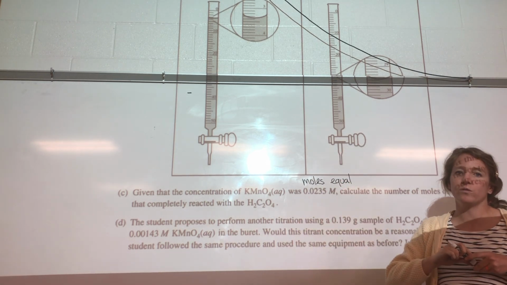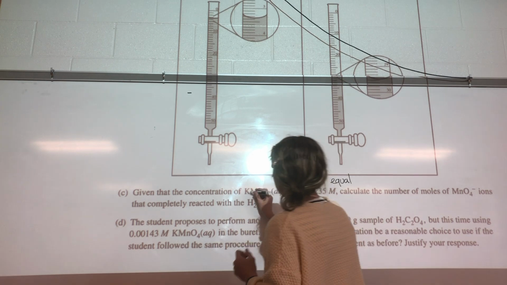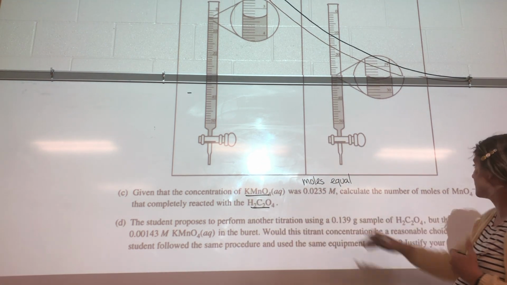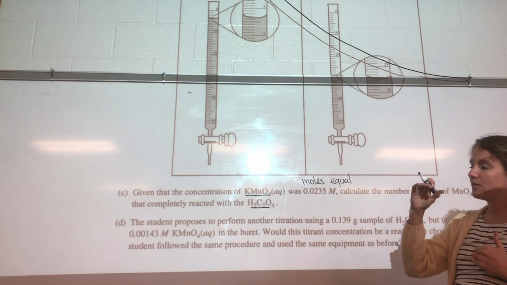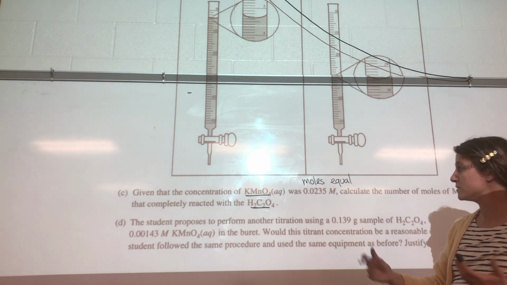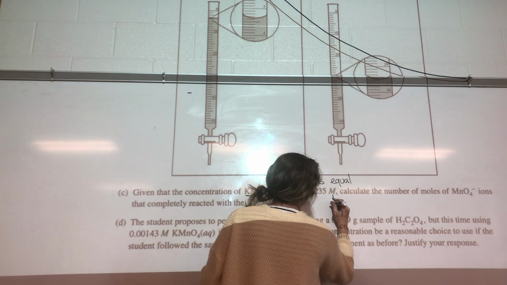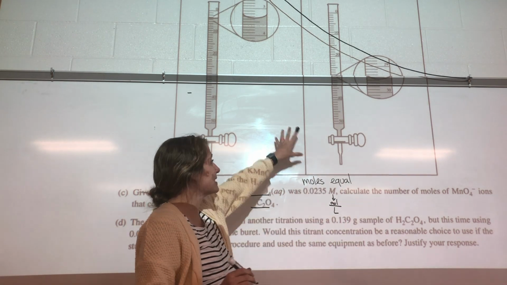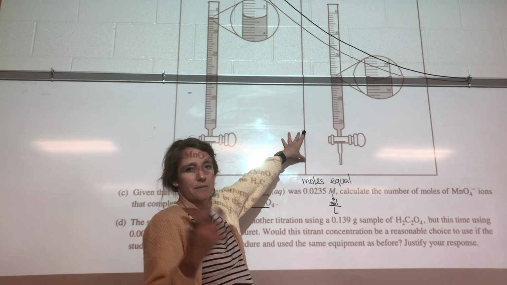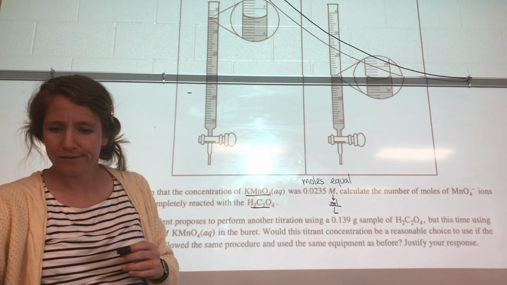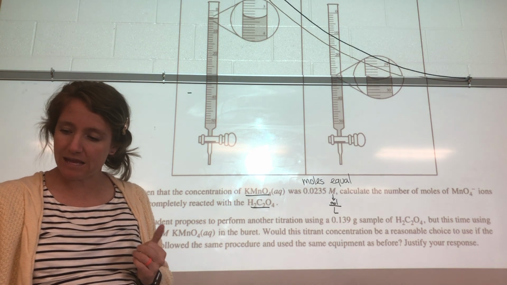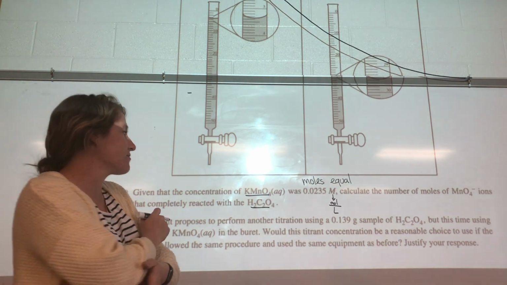And so the moles of this are going to equal the moles of that. And so we have the concentration, we want to find the moles, and since molarity is moles per liter, we just need to cancel out the liters with how much we added. That's the milliliters we got on part B, the 26.20, that's where it comes from.